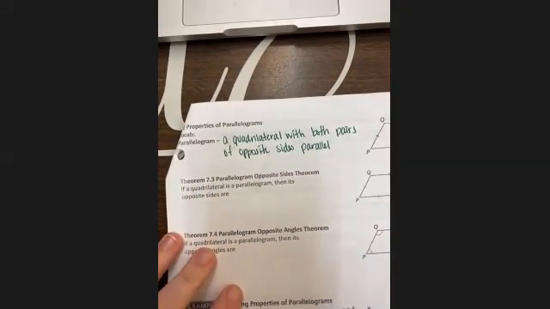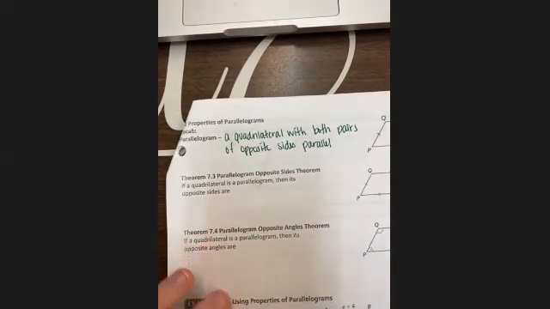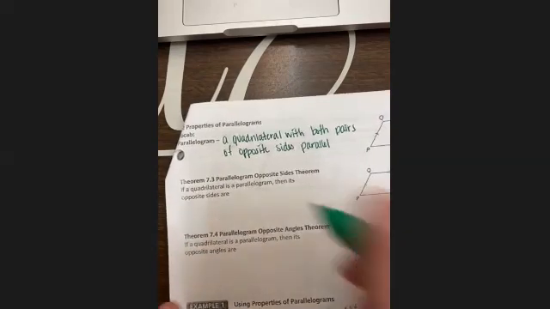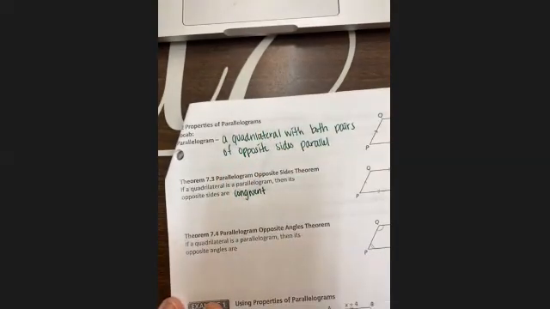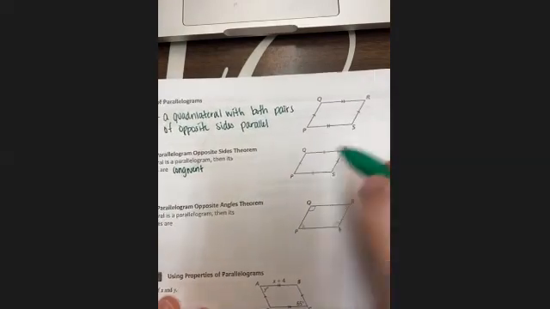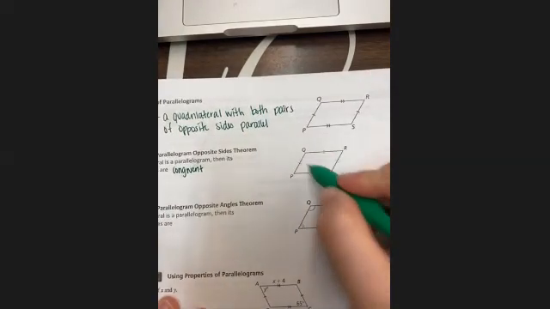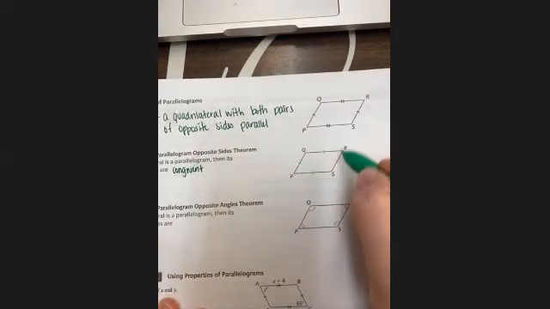Okay, so theorem 7.3, parallelogram opposite sides theorem, says that if a quadrilateral is a parallelogram, then its opposite sides are congruent. Okay, so you can see here, these two hash marks are the same, and this one is the same as this one.